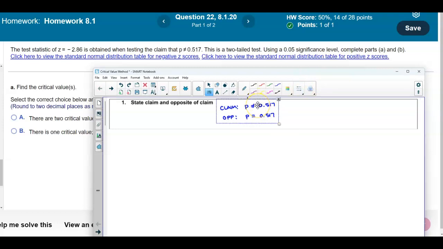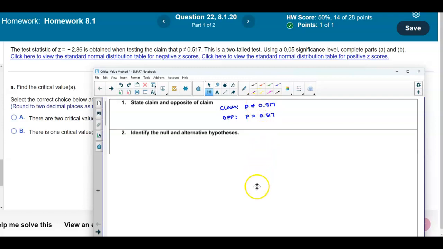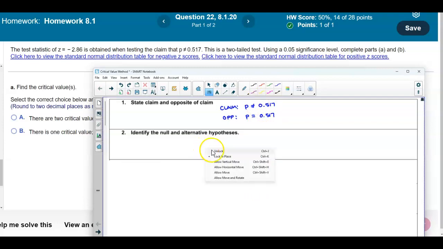So we're going to use this information to then determine the null and the alternative hypothesis. Remember that the null hypothesis always contains the equality.